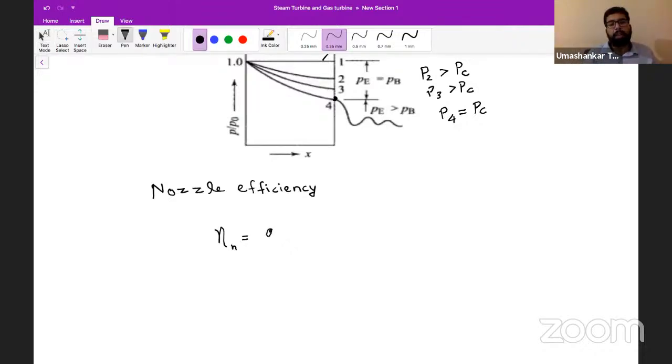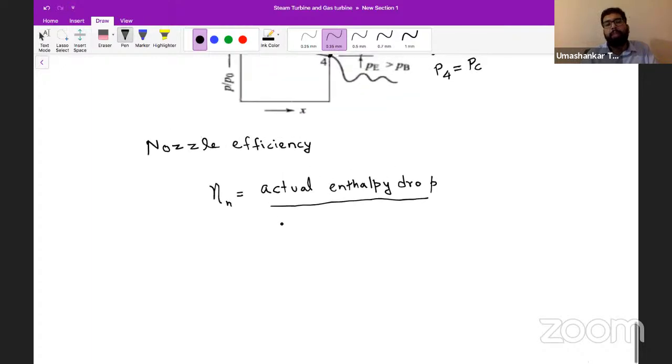So nozzle efficiency is nothing but the actual enthalpy drop upon the theoretical enthalpy drop, which we have assumed to be the isentropic enthalpy drop, because we assumed that the flow of the steam in the nozzle is isentropic, which it is not actually.